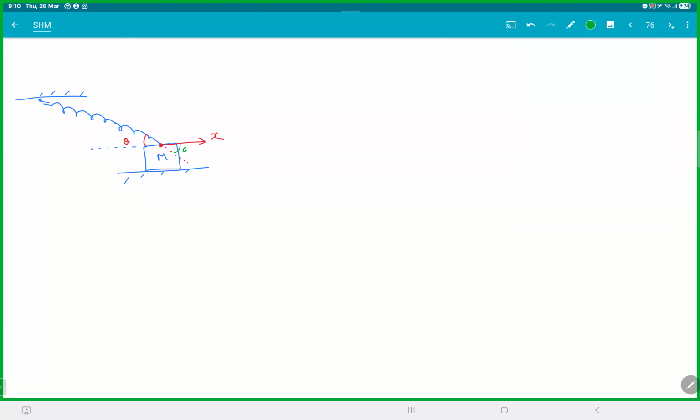This will be also theta, and this would be x cos theta. That means if you pull the point horizontally by x, the displacement along the spring will be x cos theta. The spring stretches by x cos theta when the block moves by x.